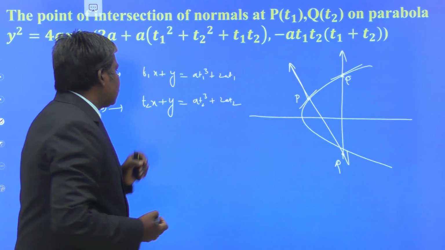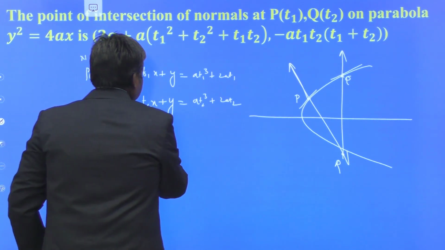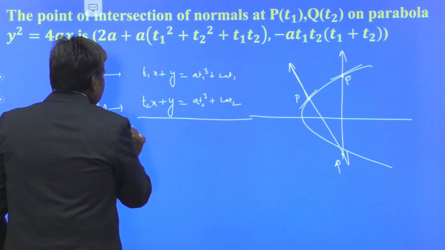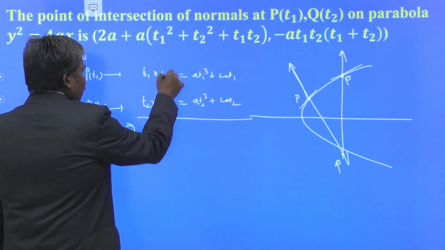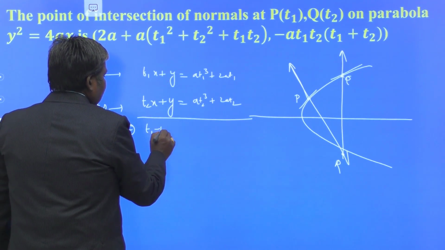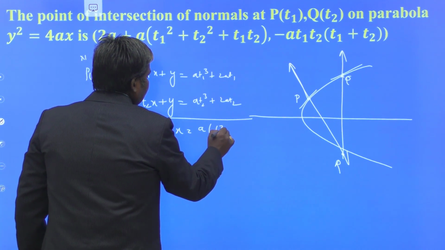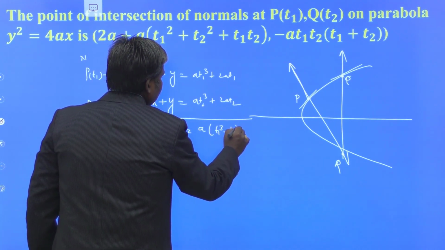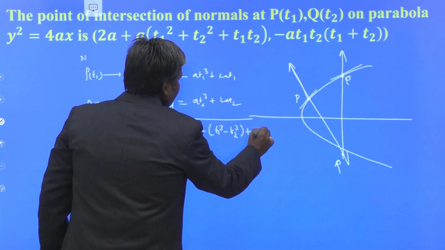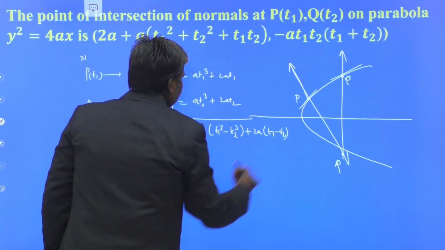There is nothing in this problem. So by subtracting one from the other, y gets cancelled. (T1 minus T2) times x is equal to a into (T1 cube minus T2 cube) plus 2a times (T1 minus T2).